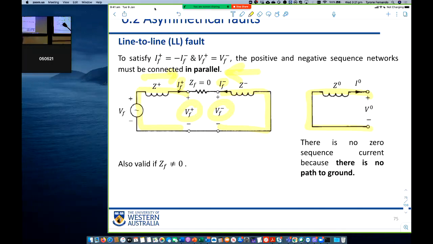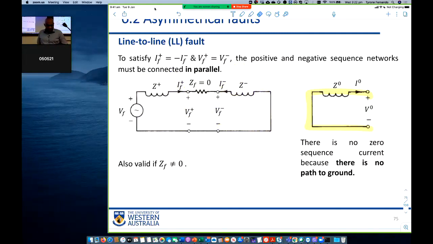So if there is a double line fault, a line-to-line fault, you take the sequence circuits and this is how you connect them, right? This is how you connect them. And when you connect them, you need to know where the positive sequence voltage, where the negative sequence voltage, etc. are.